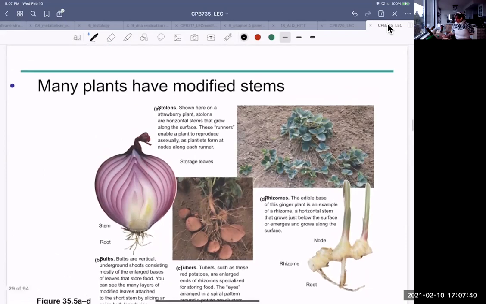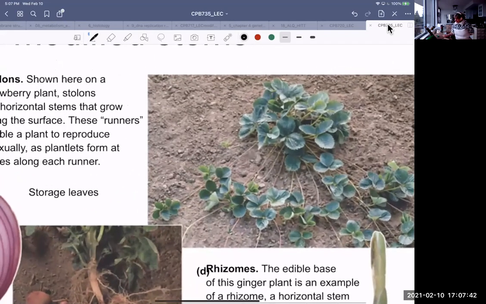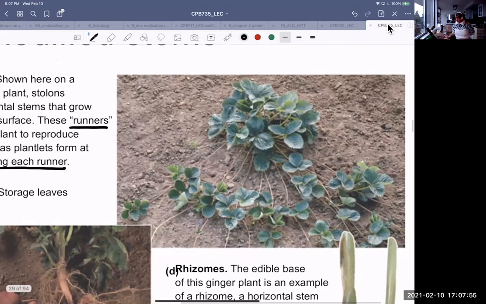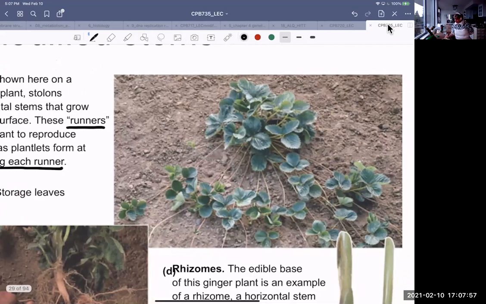Modified stems. Here, for example, is a strawberry plant. The strawberry plant has runners so that it can reproduce asexually from nodes along the runner. So the stem, instead of growing upwards, grows lengthwise. Those are called runners. Those are modified stems.